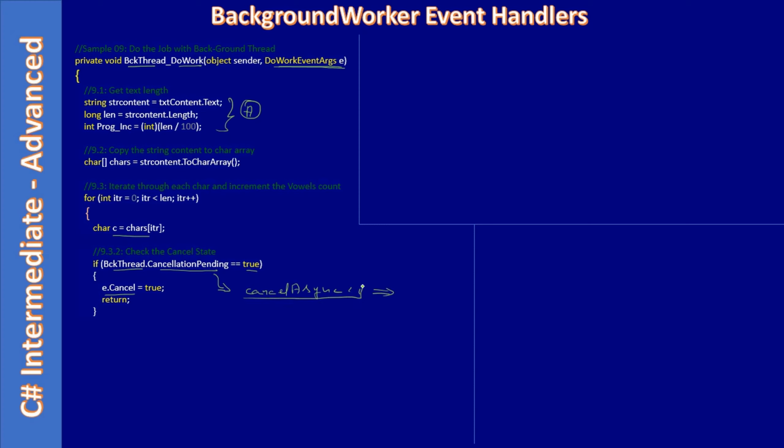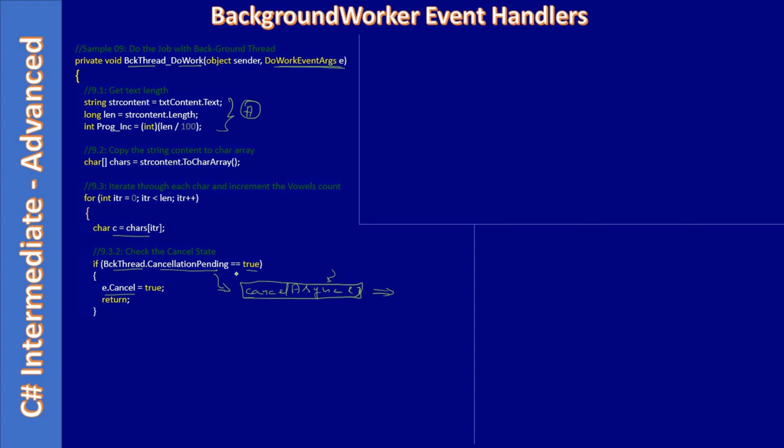When we go to the code, you will know. We used this in the cancel button click event handler. Once you make a call to this method, the CancellationPending property will be set to true. This method also gets called on the same background worker component.